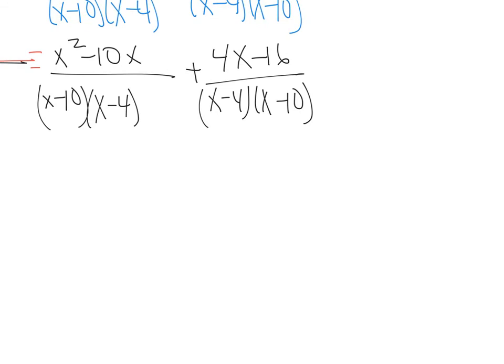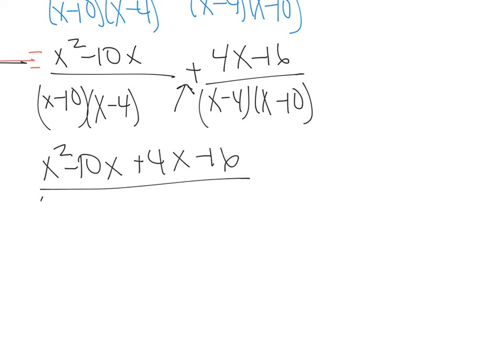Now I'm going to combine them into one fraction since the denominators are the same. Since this is addition, we don't have to worry about distributing the negative or anything like that. So I'm just going to rewrite all the numerators together as one big numerator. And then I can combine like terms in the numerator there.